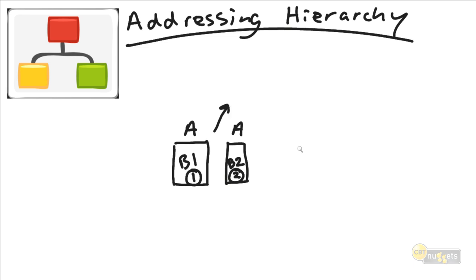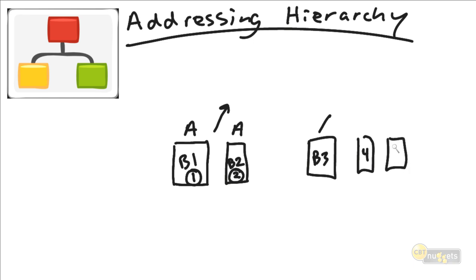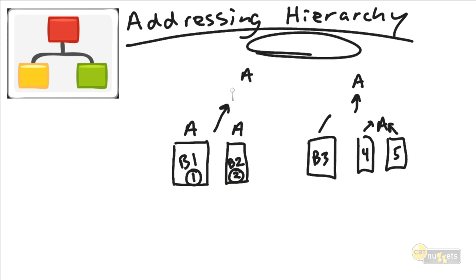Maybe there are two other buildings, building three, and it's got addressing that we don't aggregate, but then there's building four and building five, and we are going to aggregate these addresses here. And then it goes up in the hierarchy and we aggregate right here. Okay, and we aggregate these, and then we have the core of the network. So you see what's happening.